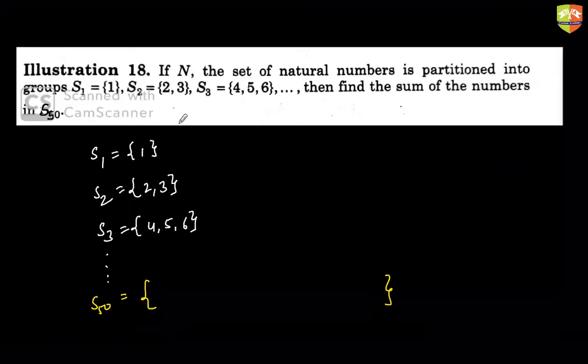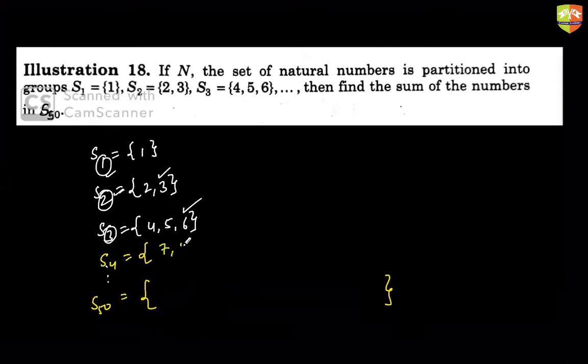Now, you would have observed that the last term of a group is basically a sum. Let's say I talk about 3. 3 is the sum of 1 and 2. Correct? 6 is the sum of 1, 2, and 3. Are you getting it? Let's write the fourth group also.